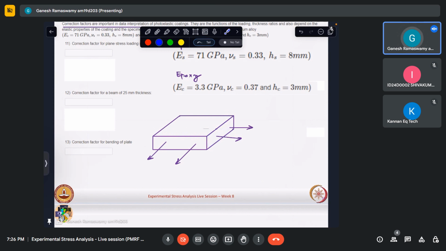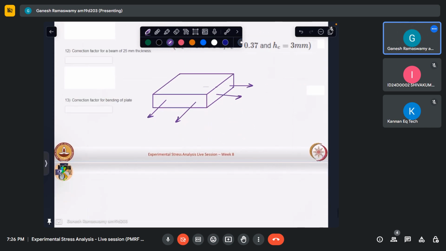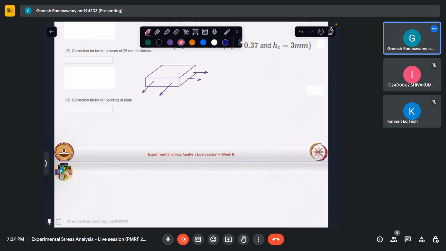In the case of axial loading, this is evaluated as, I'll use this color and make this red. The correction factor for the case of axial loading is given as 1 plus hc by hs upon Ec by Es, into 1 plus mu s by 1 plus mu c.